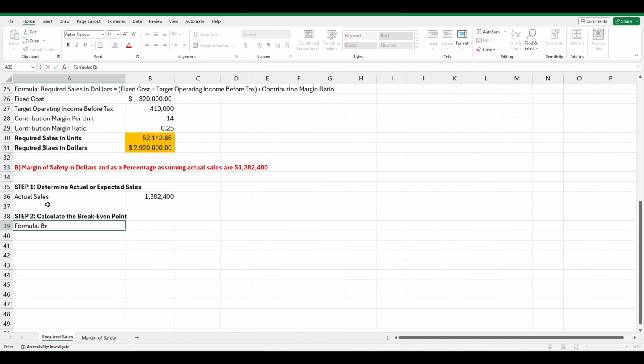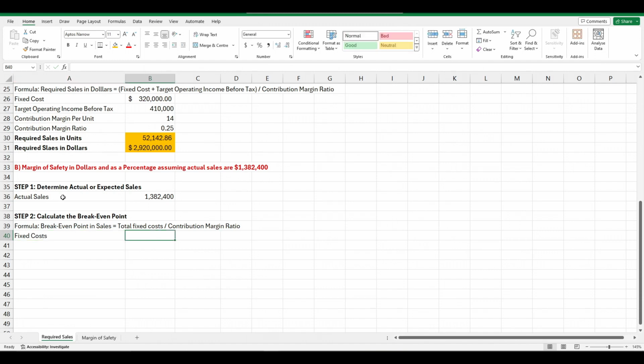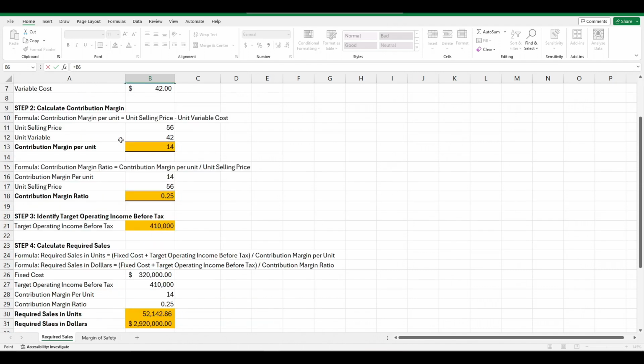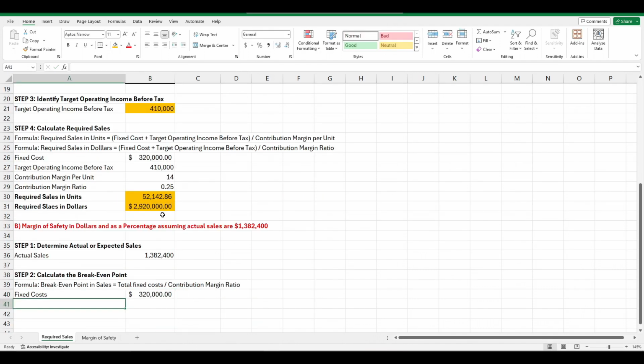And so let's write the formula. The break-even point in sales is equal to total fixed costs divided by your contribution margin ratio. Our fixed cost is given from on top, if you guys remember the question that we did before about required sales.